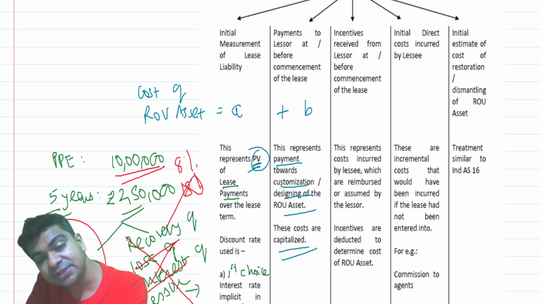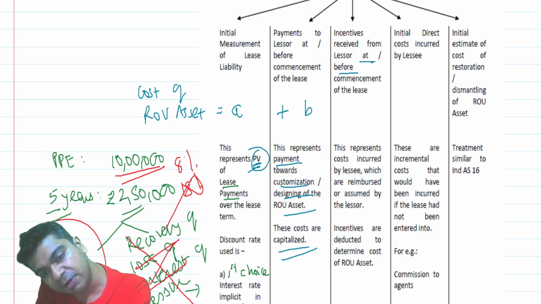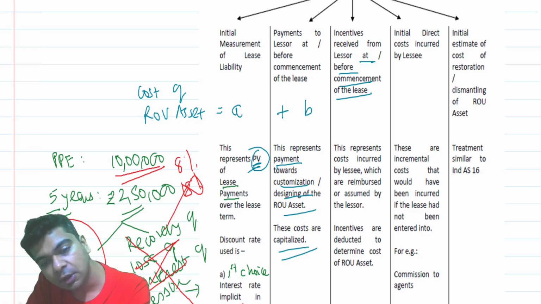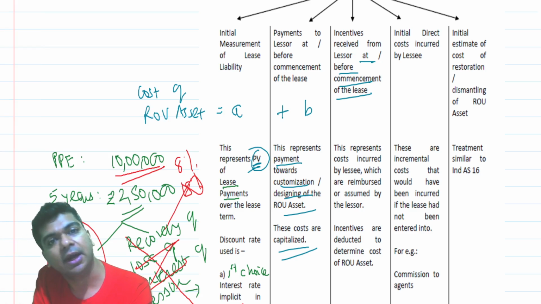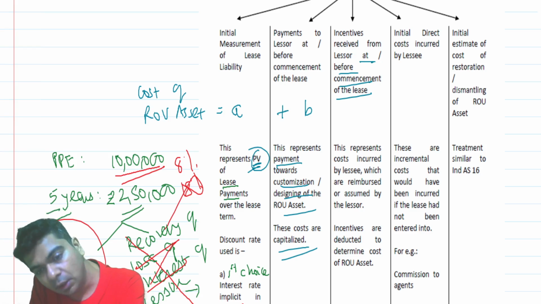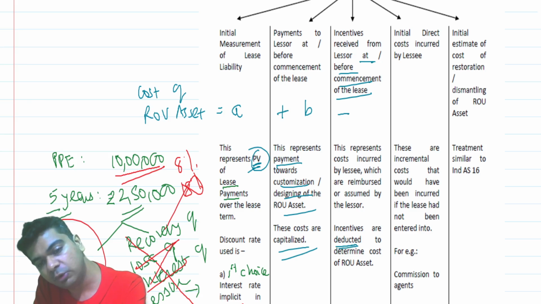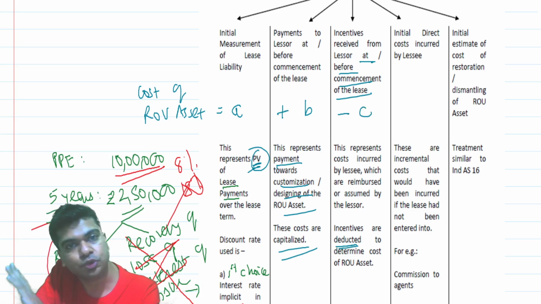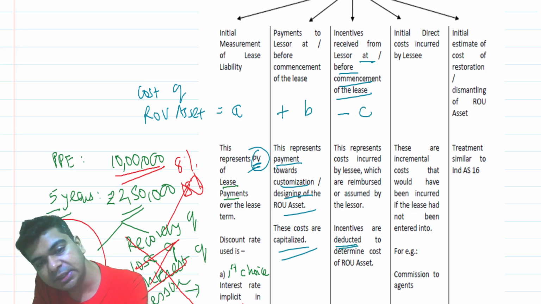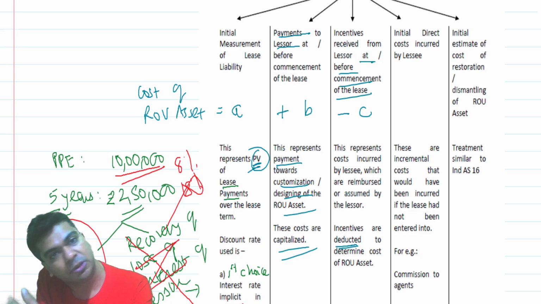If you are getting this incentive at or before the commencement of the lease, we are supposed to deduct it. See, this represents cost incurred by the lessee which are reimbursed or assumed by the lessor. Incentives are deducted, right? I'll have to deduct the incentives. Remember, this is a payment to the lessor, so it should be added.